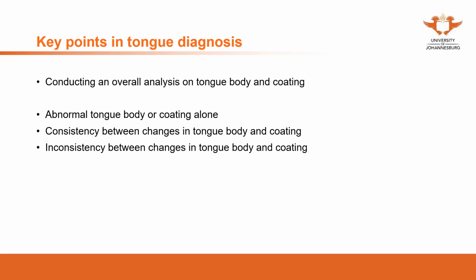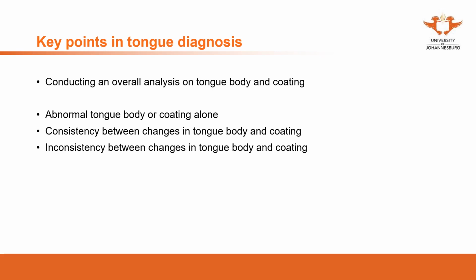And also we need to think about the consistency between changes of the tongue body and coating. This is the example we discussed previously with a pale tongue with a yellow coating, or a red tongue with white coating. Are they matching? Consistency between the changes of the tongue body and the coating.